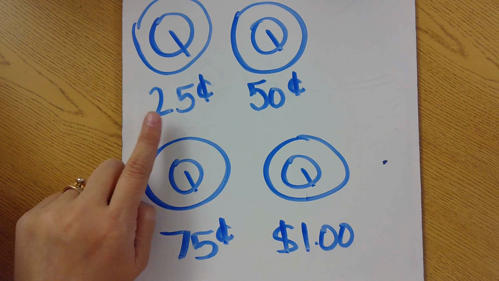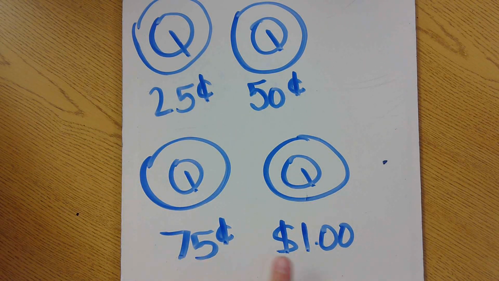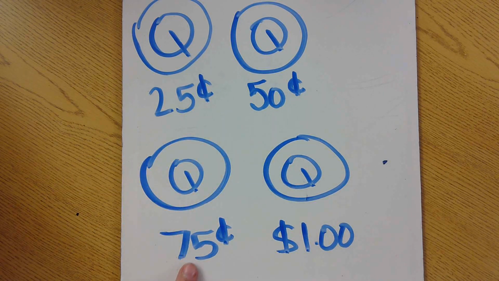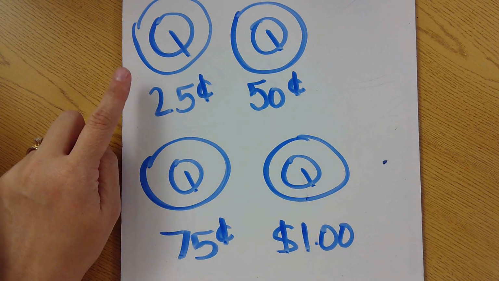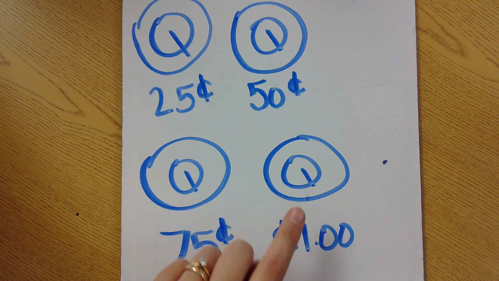Count with me. 25, 50, 75, $1. Try it faster. 25, 50, 75, $1.